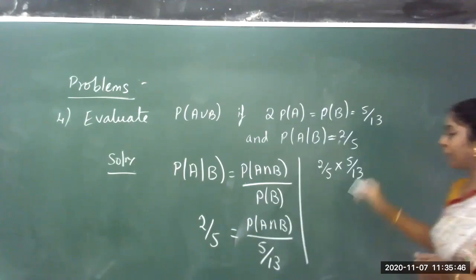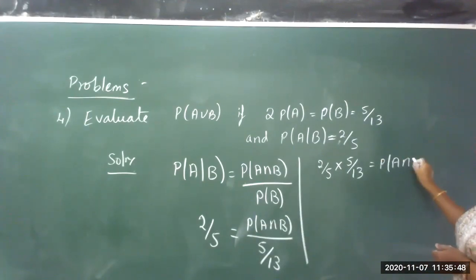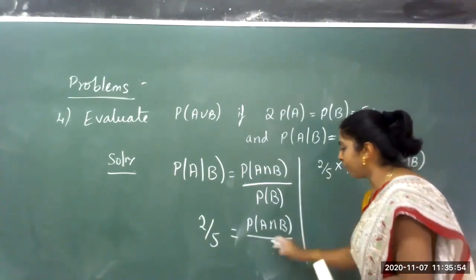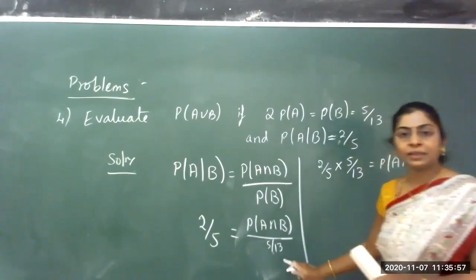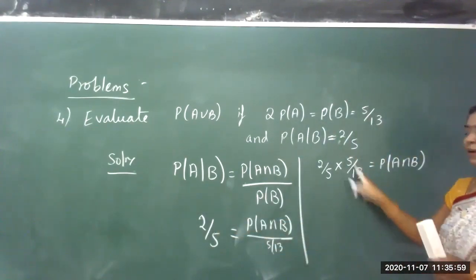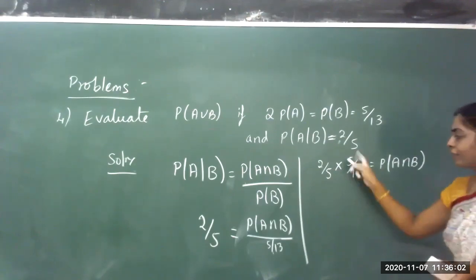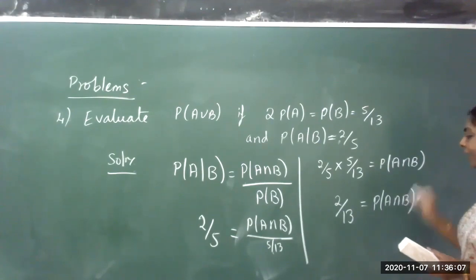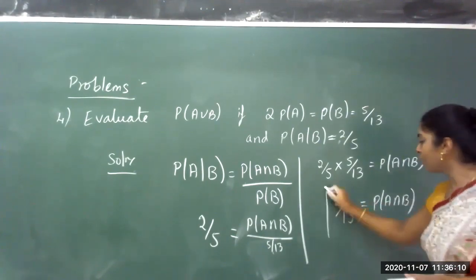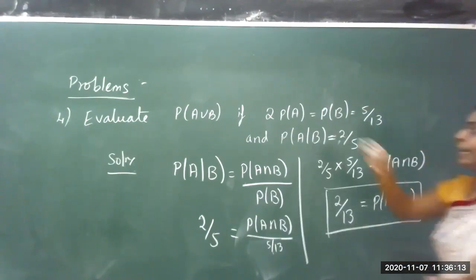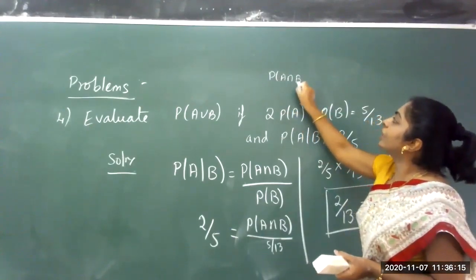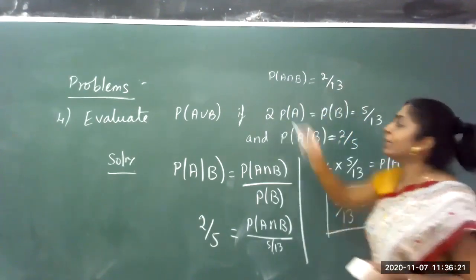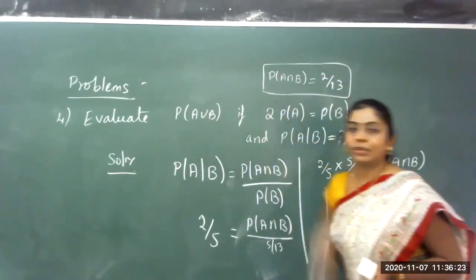If I cross multiply that, I get back the probability of A intersection B, with just 5 by 30 in the denominator. 2 by 5 into 5 by 30: the 5 and 5 get cancelled. 2 by 30 is equal to the probability of A intersection B. I found the value of the probability of A intersection B. This was missing. I first found the probability of A intersection B, that is 2 by 30, to evaluate this.